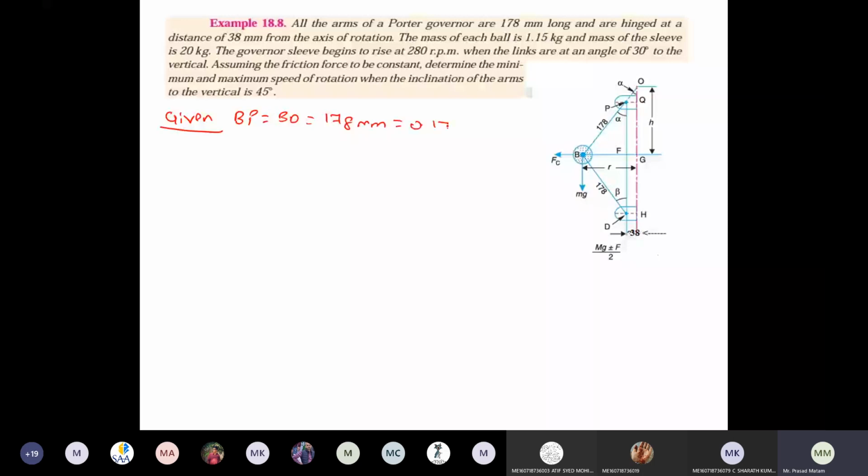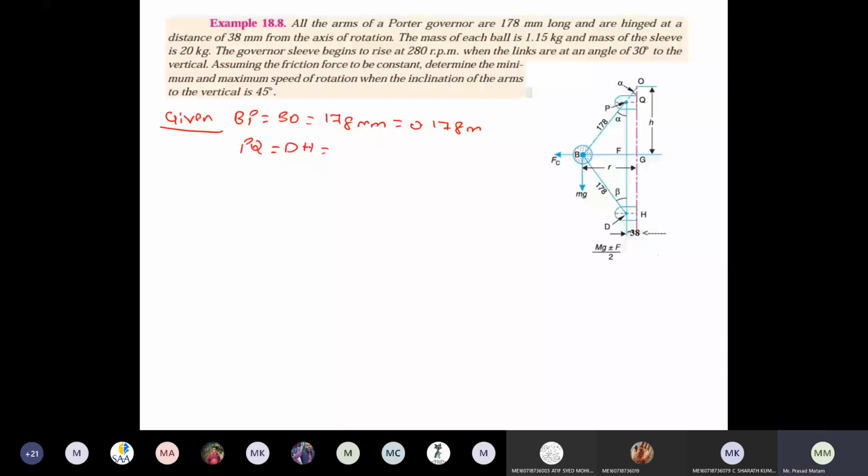And PQ is the offset distance. PQ is equal to DH. The offset distance for the upper arm, PQ, is equal to the offset distance for the lower arm, whose length is 38 mm.